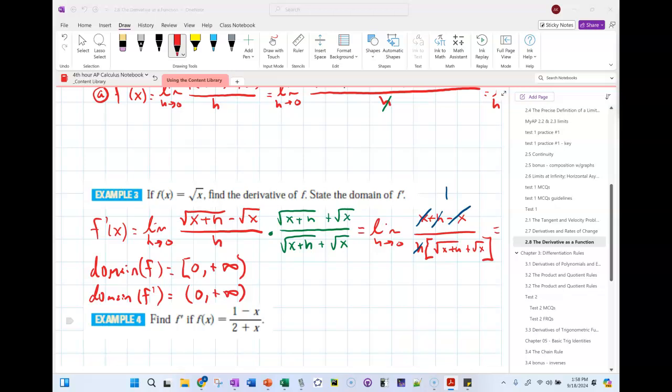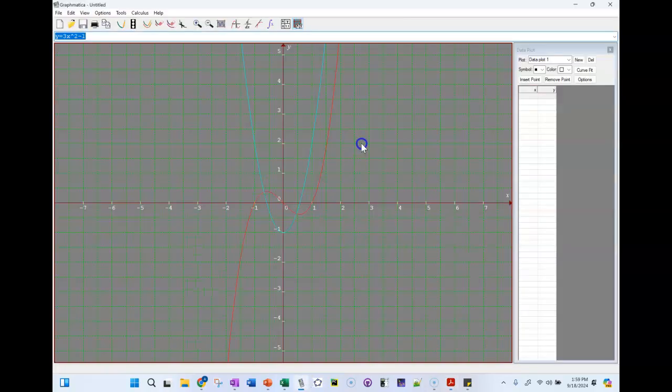Uh-oh. Is that okay? Is that bad? Is that good? What does that mean? What do you guys think? Well, let's look at the graph.